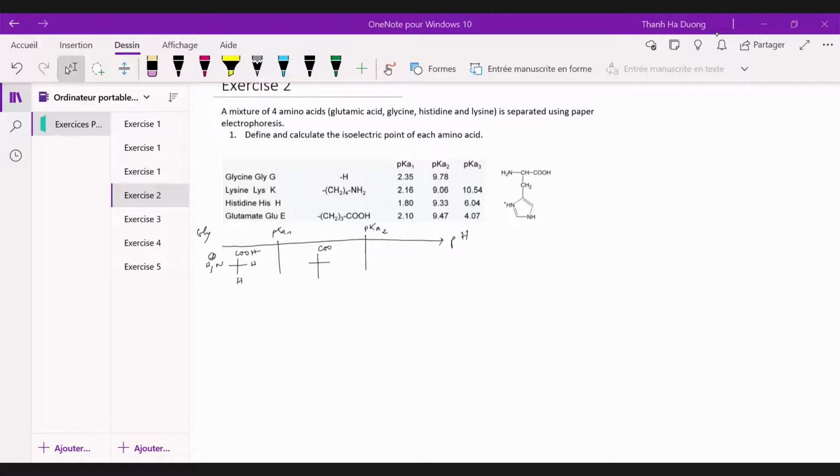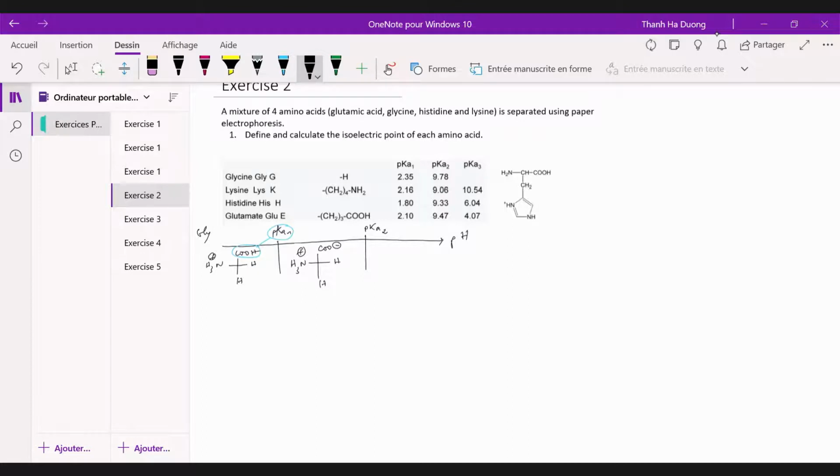When the pH increases and is higher than the pKa, you start to deprotonate. The pKa1 corresponds to the pKa of this function.